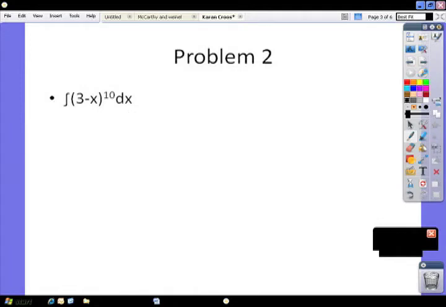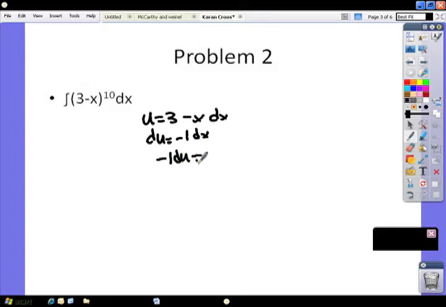So moving right along, now you have (3 minus x) to the 10th, the integral of that. Now first you make u equals 3 minus x. Then you get du equals negative 1 dx. Then you get negative 1 du equals dx.